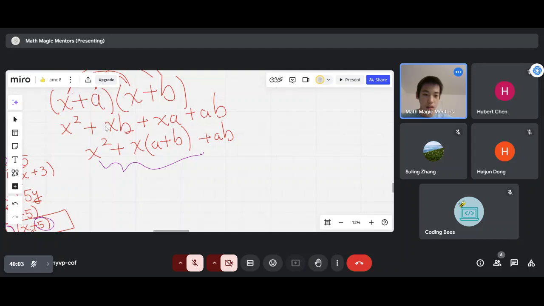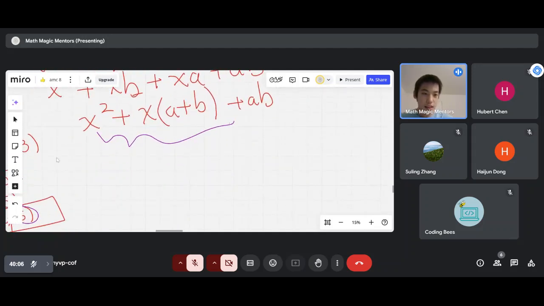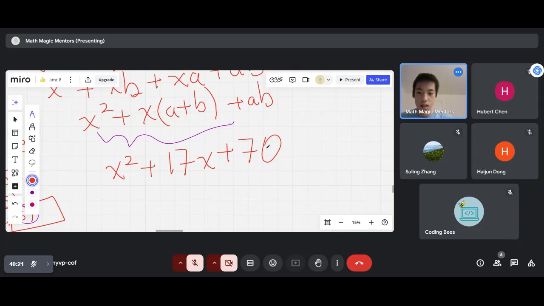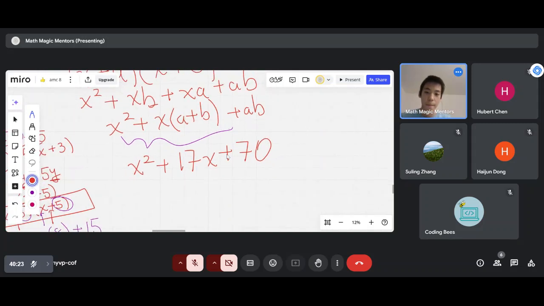All right, so this is going to be a very fun game. Let's take the quadratic x squared plus 17x plus 70, right?